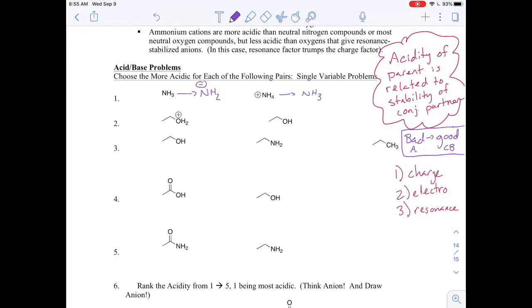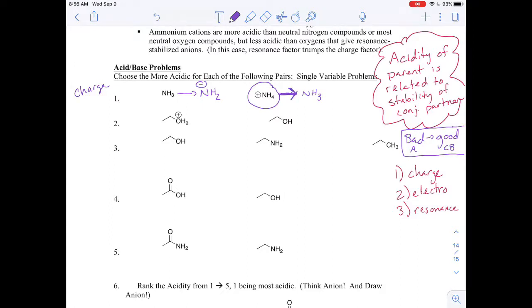Now, to be stable, you actually don't want any charges on your base. But in this case, because it already had a charge here, it signifies that it's making something better on the right side. So this is based on charge. And that is my stronger acid. It's going to drive it to the right. So this, in theory, is more likely going to happen faster.